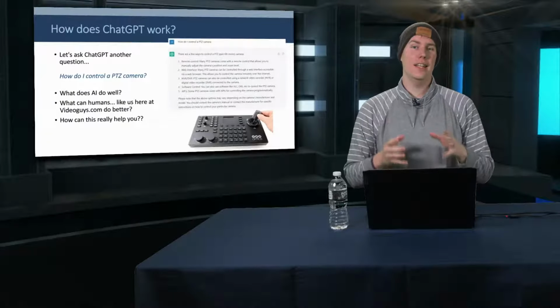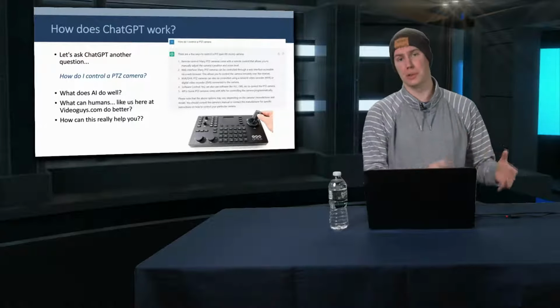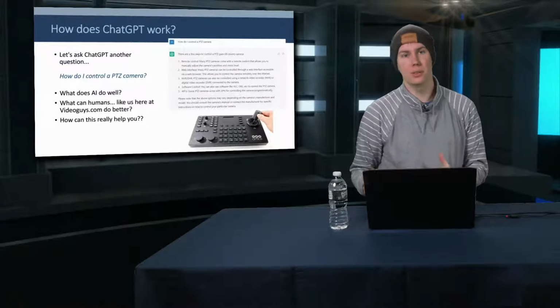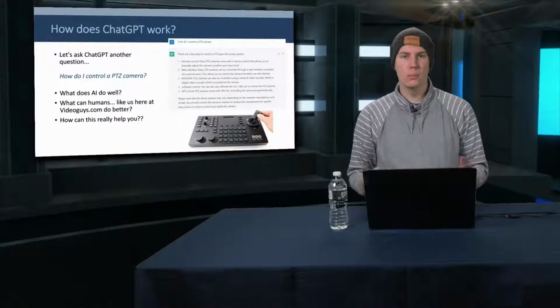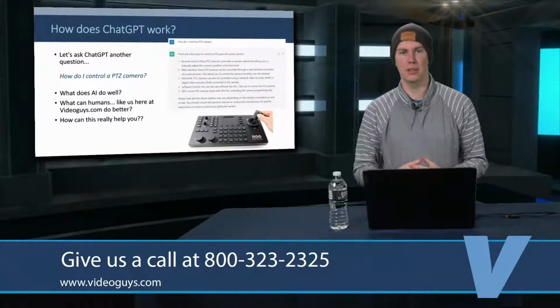Well, it is limited to information before 2021. So it doesn't have any more information that it can extrapolate from after 2021. It may be able to pull up a Google result, but it won't be able to interpret it itself and provide additional information.